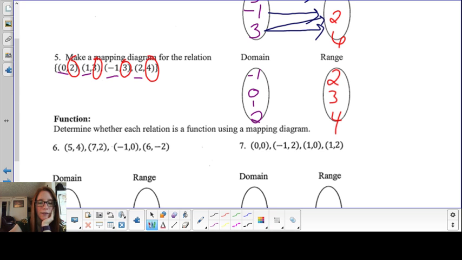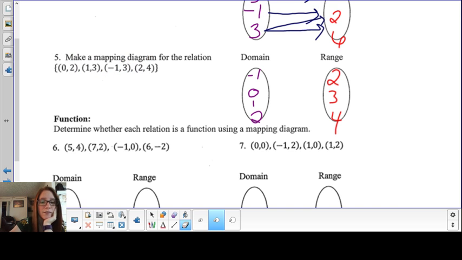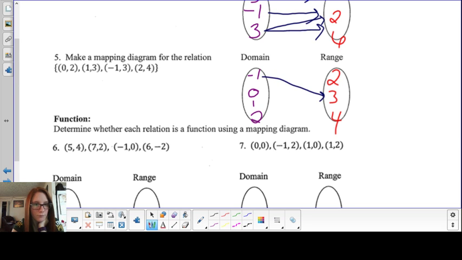And then we're going to connect my guys together to see how it looks. So negative 1 goes to 3. 0 goes to 2. 1 goes to 3, and 2 goes to 4. Not bad.